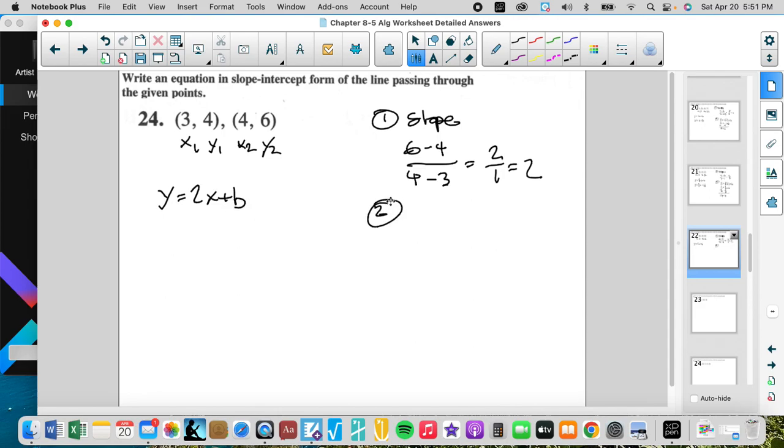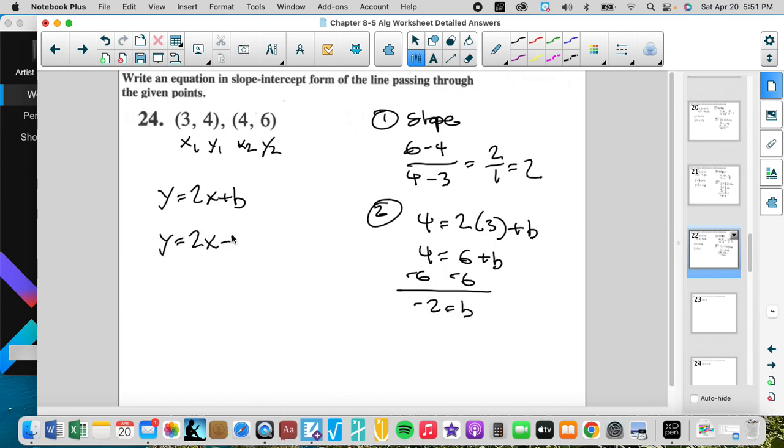Let's plug in the value. We'll still use the first point. So my y value equals my slope times my x value plus b. Simplify. Minus 6, minus 6. Negative 2 equals b. So y equals 2x minus 2.